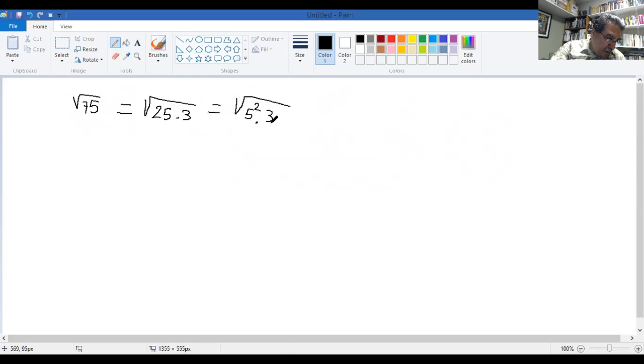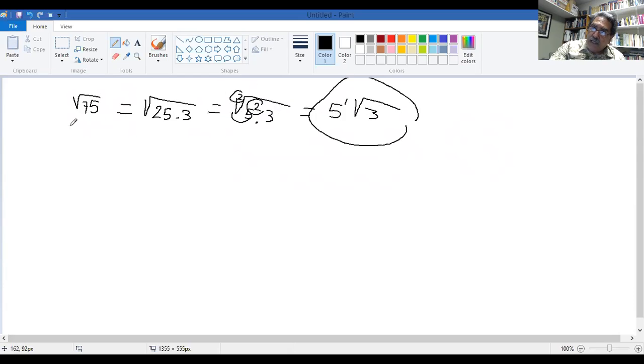When there is no number here, it means it's 2. You take this divided by this, which is 1. This comes out of the radical. This becomes 5 to the power of 1 outside the radical. This one stays inside the radical. So this is your answer.